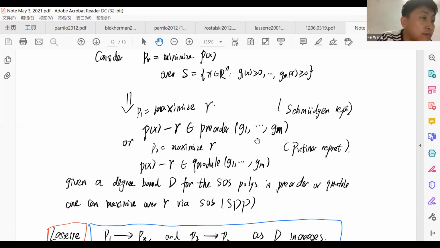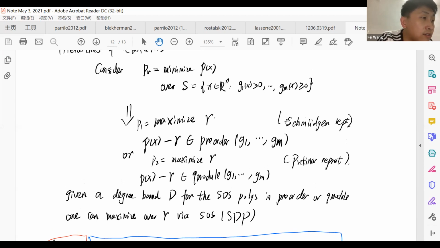The first one is called the Schmüdgen representation. The second one is called the Putinar representation.